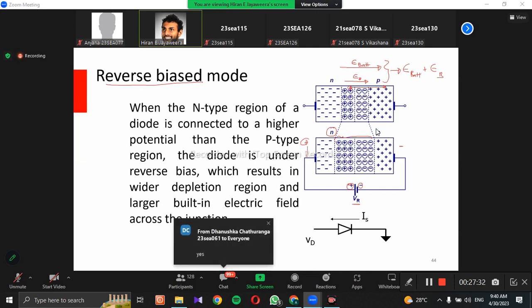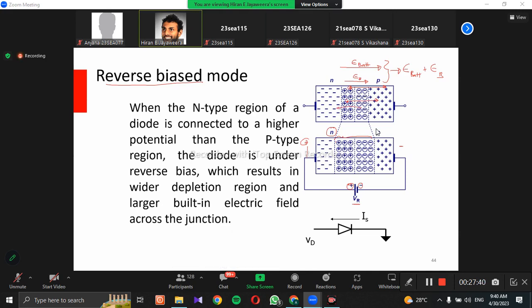If somehow we get a free hole somewhere here, that will be moved towards the right. And if we get a free electron somewhere here, that will be moved in this direction. Because of those charged particle movements, there may be an extremely small current flowing through this one. That is what we call leakage current. Otherwise, there's no current flow through this region.